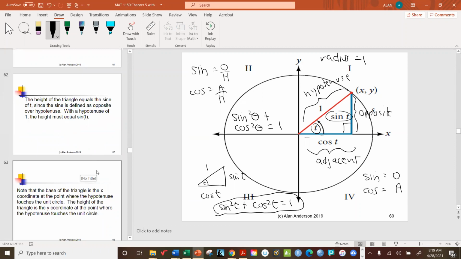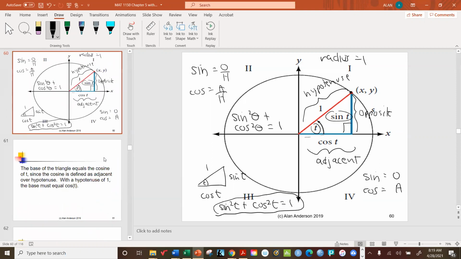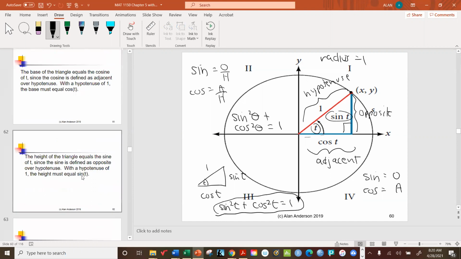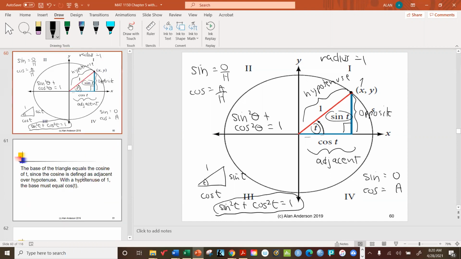Okay, now, if you notice right here, this point, because of the way we've structured this triangle, the coordinates of x and y are going to be cosine t. How do you know? Because look where we are.